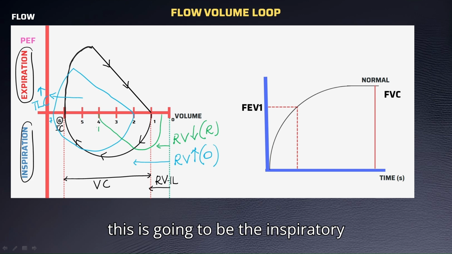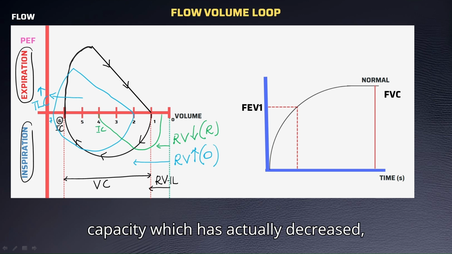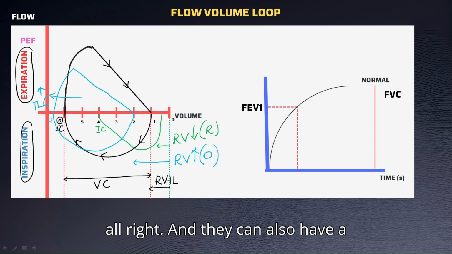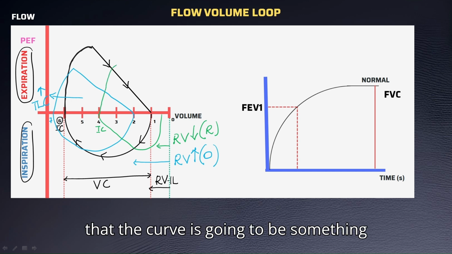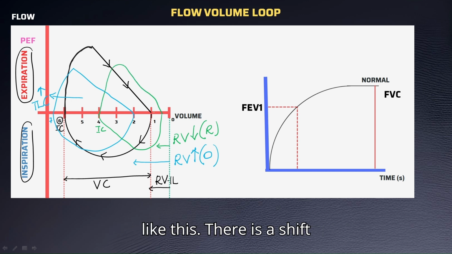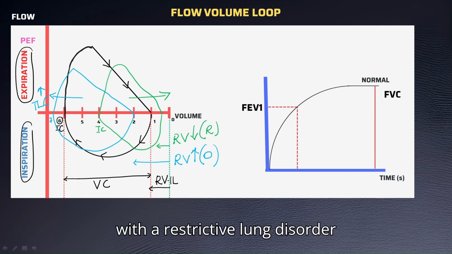So this is going to be the inspiratory capacity, which has actually decreased, all right? And they can also have a decrease in flow during expiration. So that the curve is going to be something like this. There is a shift to the right for patients with a restrictive lung disorder.